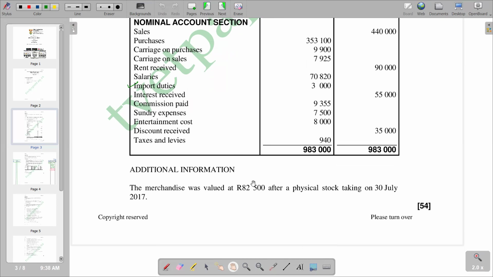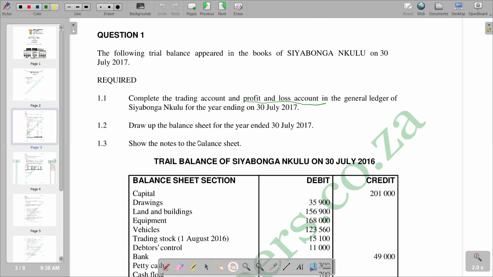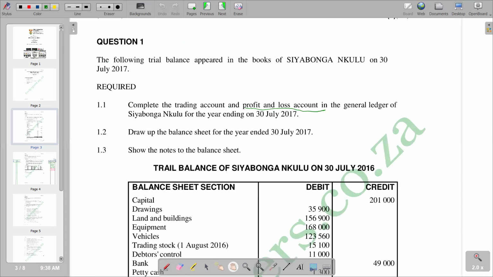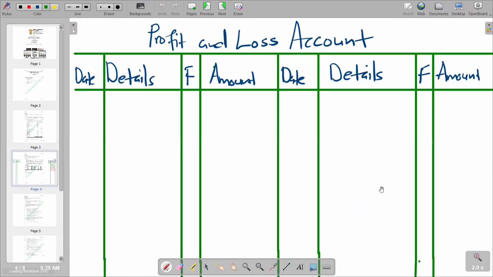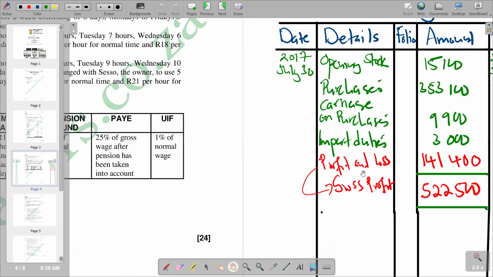The final figure that we get in the trading account, which is the gross profit or loss, we already calculated in the previous video. So we are going to transfer that figure to the profit and loss account.